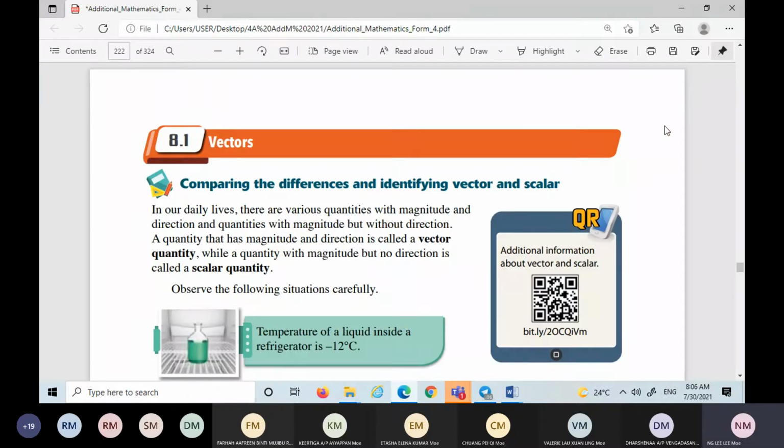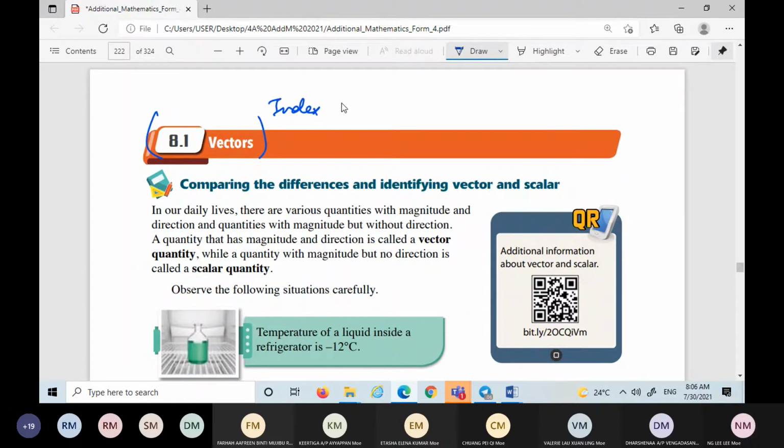I hope you have gone through 8.1. This is today's index.